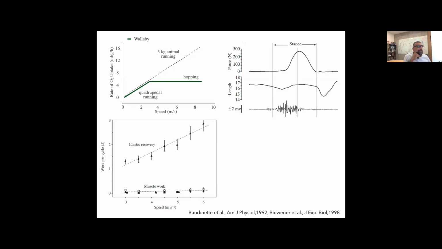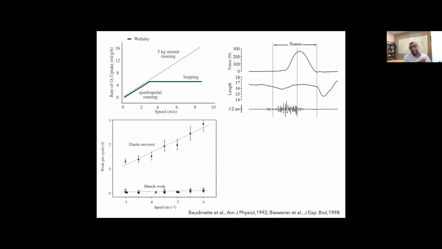So what they mapped in that paper was that if you track the amount of elastic energy that's being stored versus the amount of muscle work that's being done, what we see is that as the animal is increasing speed, it is not increasing the amount of mechanical work it's doing. It's increasing the amount of elastic strain energy that's being cycled through the tendon.